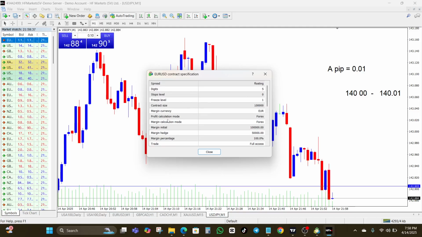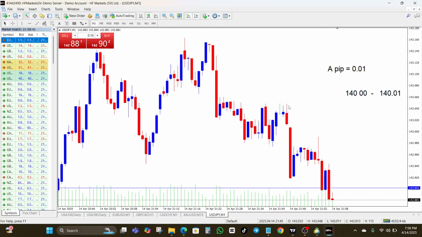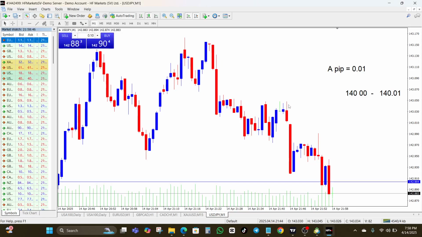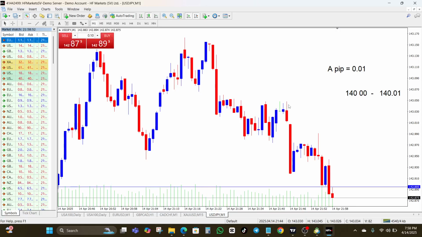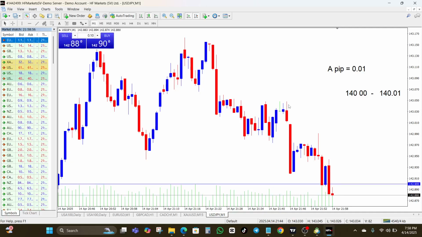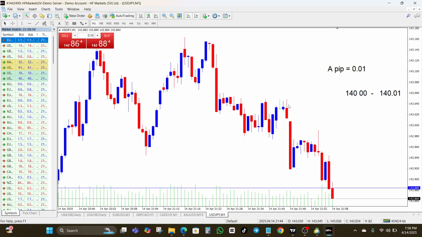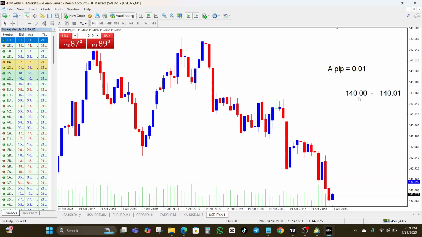So let's just get back to our calculation manually. I have already given you the basics of how to calculate your pips. I just wanted to check the specifications, to know if there is additional information that will make it easier to calculate pips. But since we don't have that right now, just stick with the manual calculation.